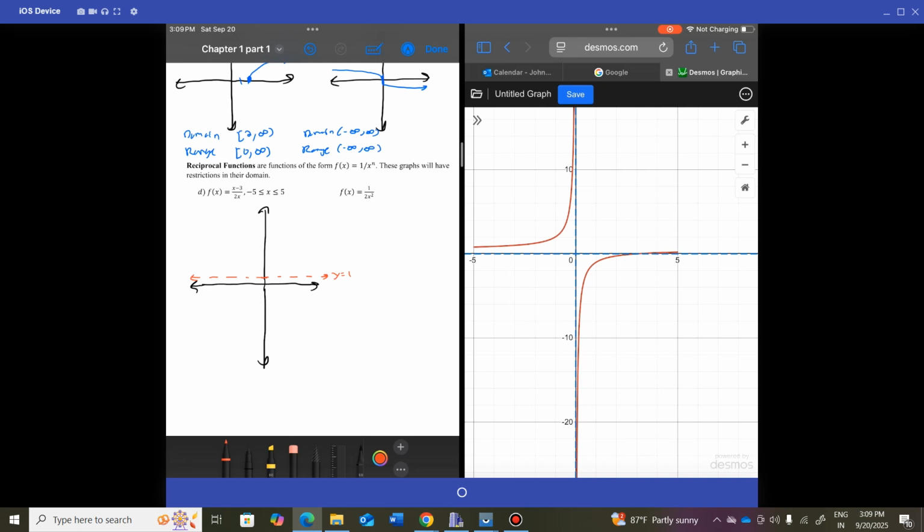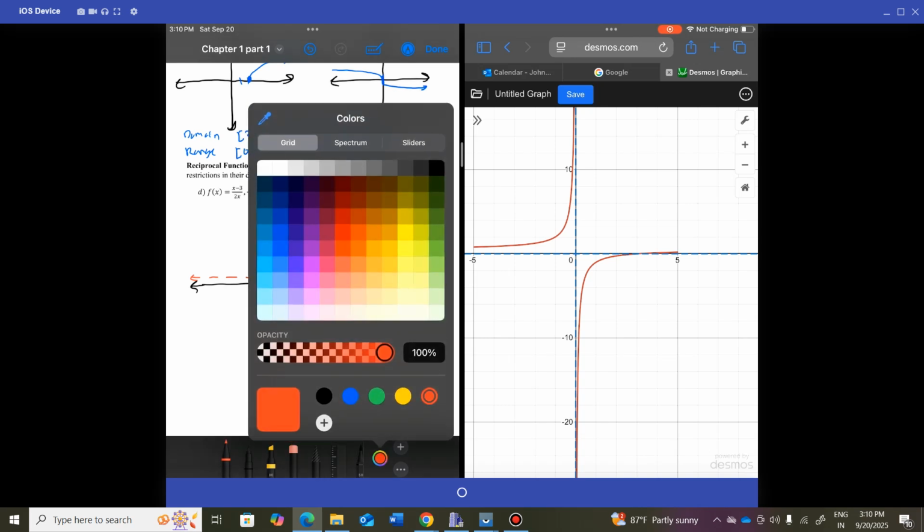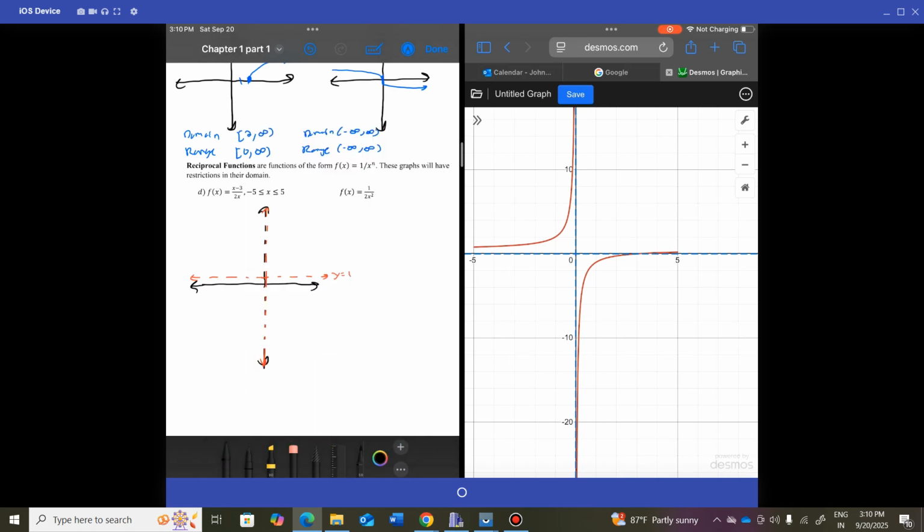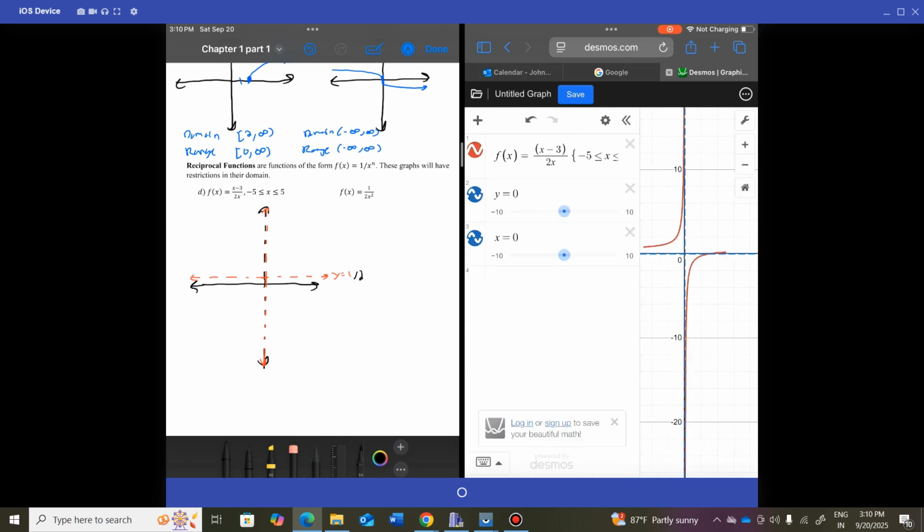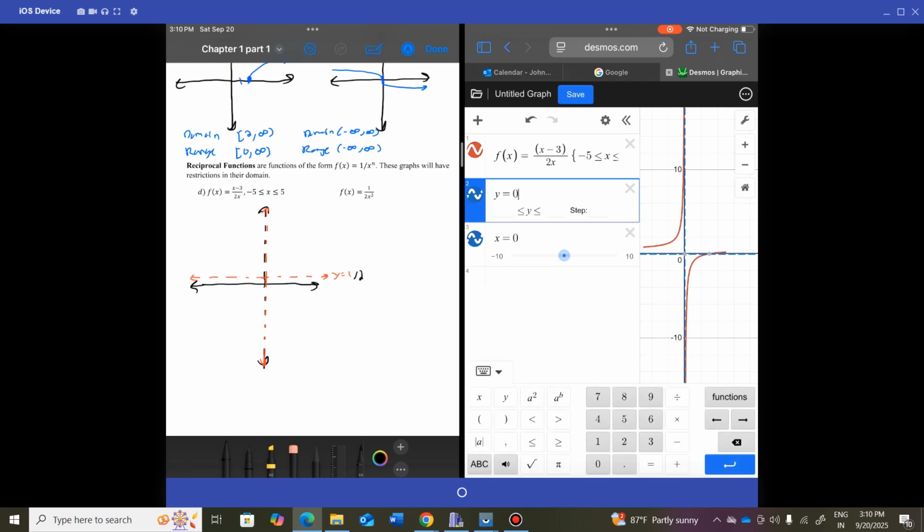There is a way to tell from the graph, and the fact that they have the same degree means that you look at the coefficients from the x and divide them. So it's 1/2. So let me change that. Y equals 1/2.